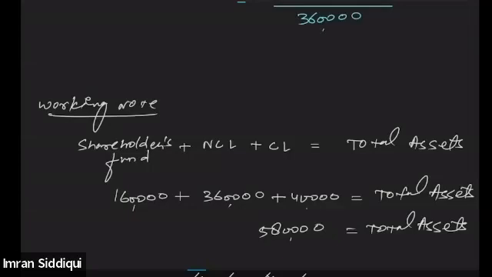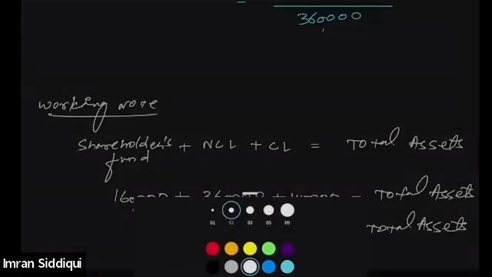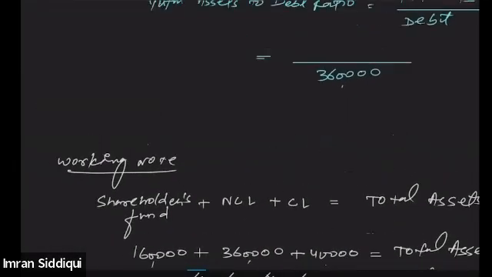No, just a minute. 520 plus 40 will be 5,60,000. Is it correct? And this is clear. And now we can take the value of 5,60,000 here.